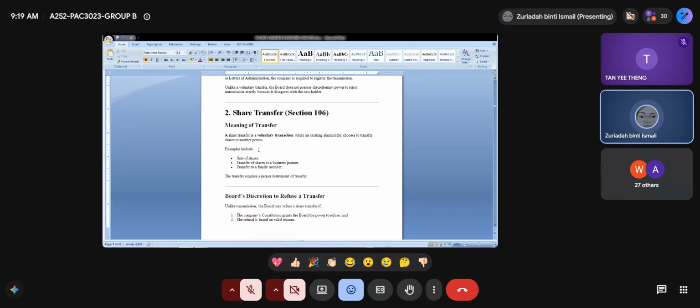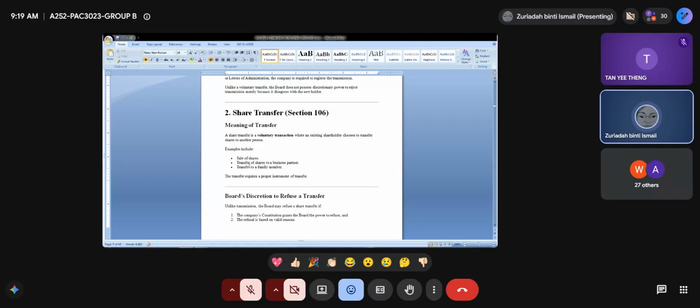While share transfer is voluntary. For example, shares are sold or transferred among family members. So what are the powers of the board? Are they entitled to reject a transfer?